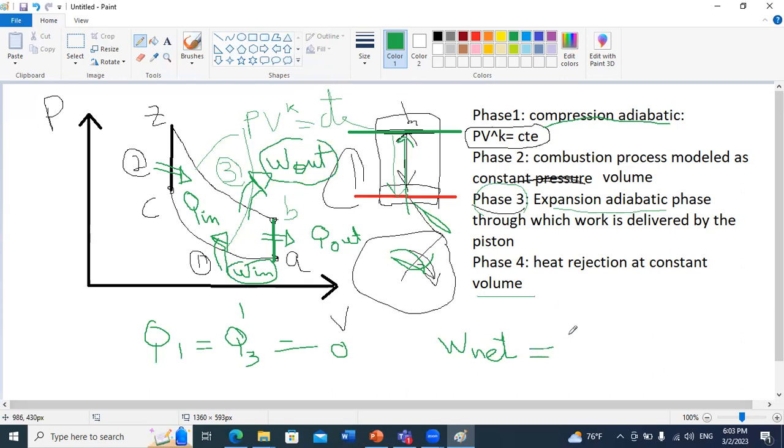Do we have any work in phases 2 and 4? You remember from the course material how we defined the work?